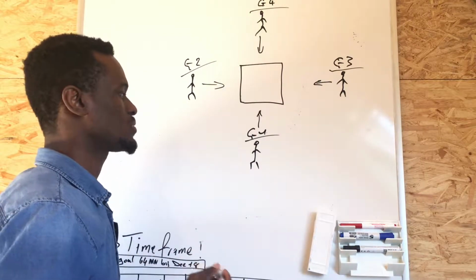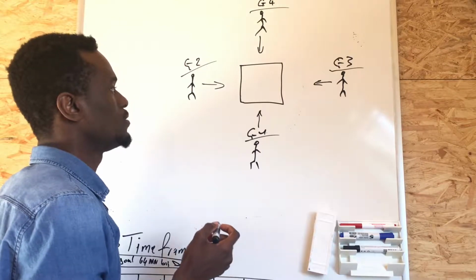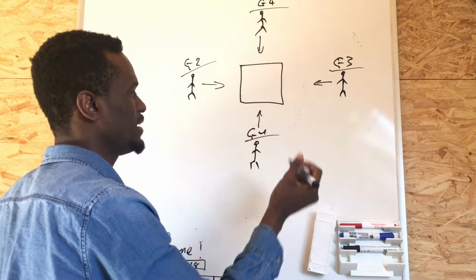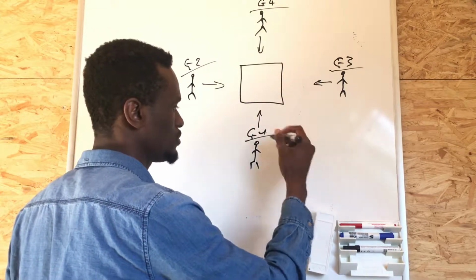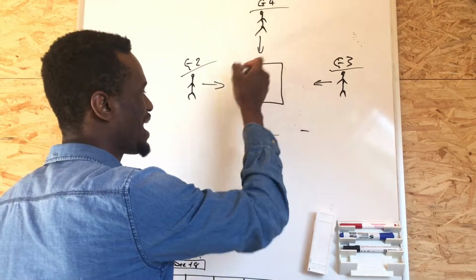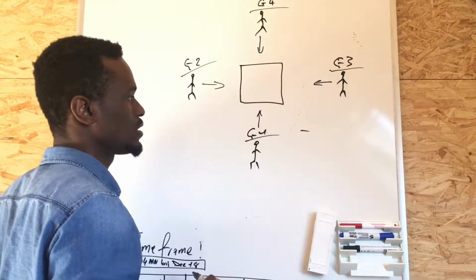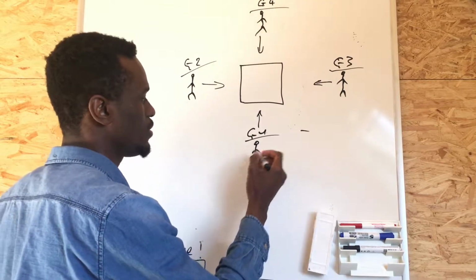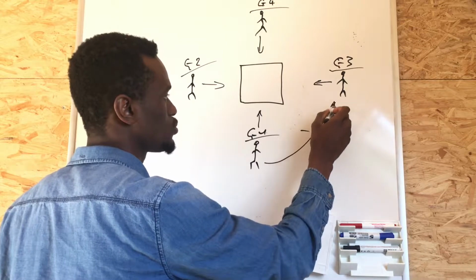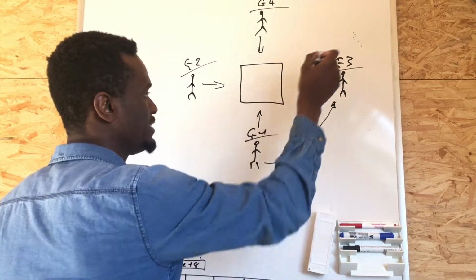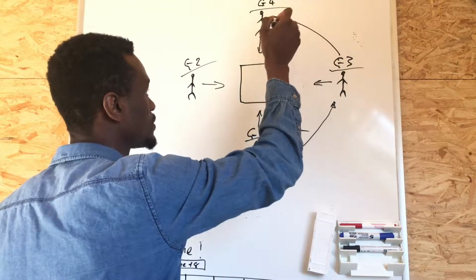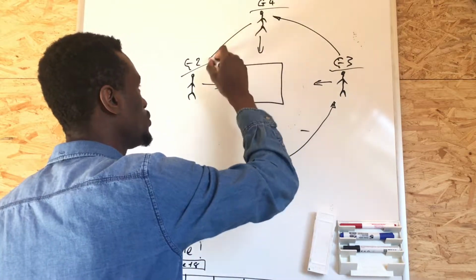But of course, what are the problems they're facing? First of all, let's say they have to attack at dawn, right? Now, how do they agree upon attacking at dawn? General 1, for example, will have to send a message to General 3, and in turn he would have to communicate also with General 4, and also vice versa.